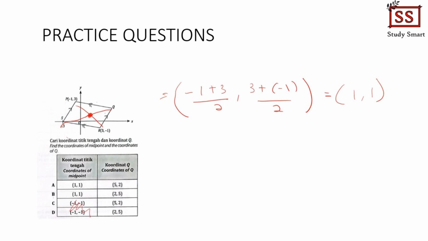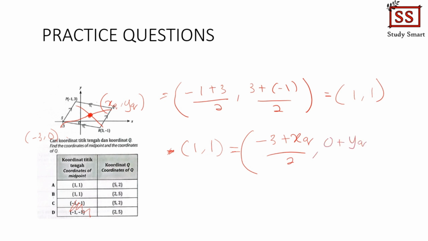And then find the coordinates of Q. Okay, for you to find Q, you need to know the coordinate of S first. So S, because it's lying on the x-axis at negative 3, your coordinate will be (negative 3, 0). So your equation will be something like this. You need to write the midpoint first and then write the formula to find the midpoint, which is negative 3 plus xq, and then yq, the coordinate of Q. So (negative 3 plus xq) divided by 2, and then this one will be (0 plus yq) divided by 2.